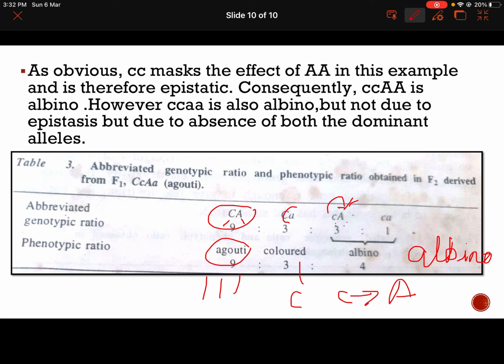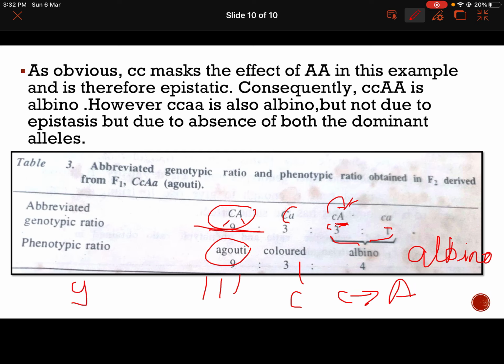In this example, A helps in the striped pattern, but here A is not giving any color because small c is masking or hiding the effect of capital A.